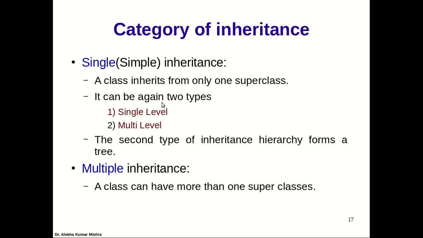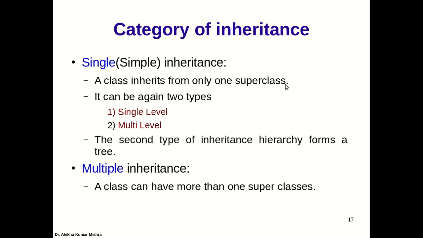We have seen the types of inheritance, and under that we have categories: single inheritance and multiple inheritance. Single means simple, that is, a class inherits from only one superclass.